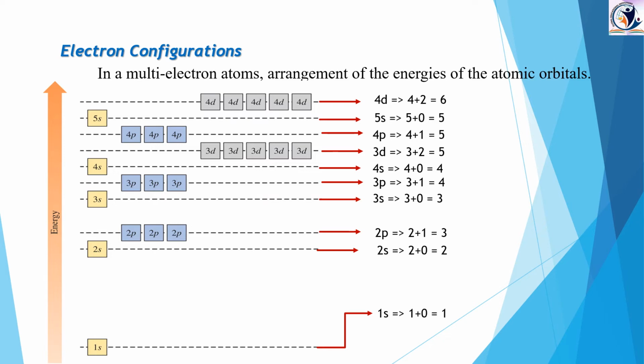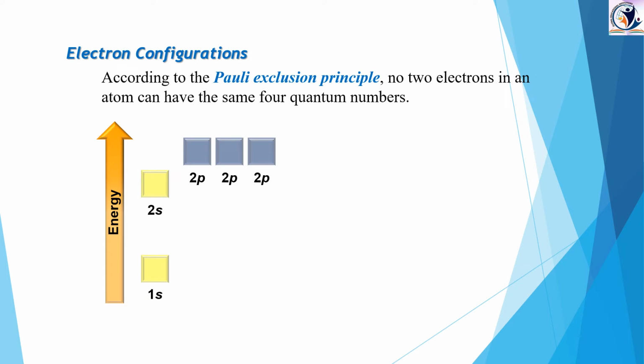Now see, here there is a principle called Pauli's exclusion principle. What does Pauli's exclusion principle say? No two electrons in an atom can have all four quantum numbers the same. That means for each electron we represent four quantum numbers. What is the use of the four quantum numbers, children?